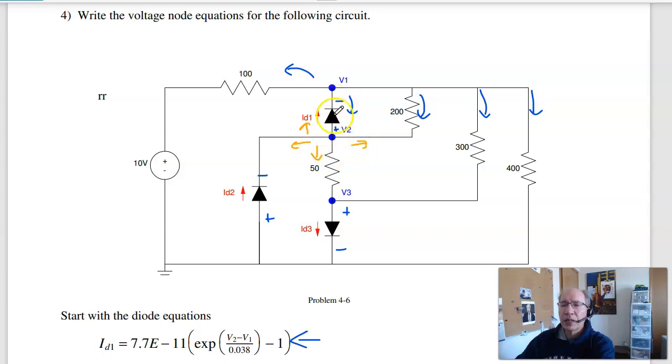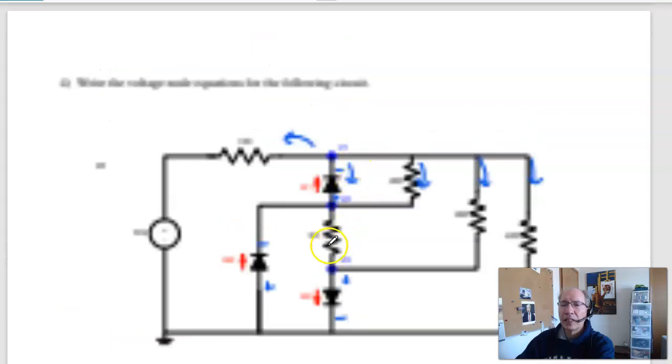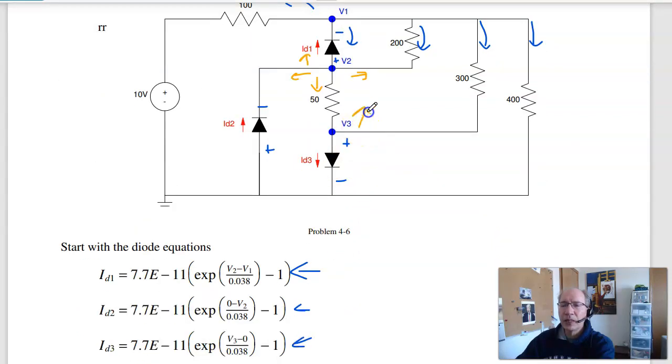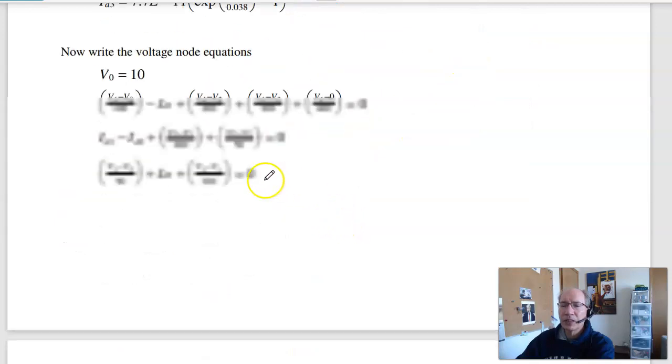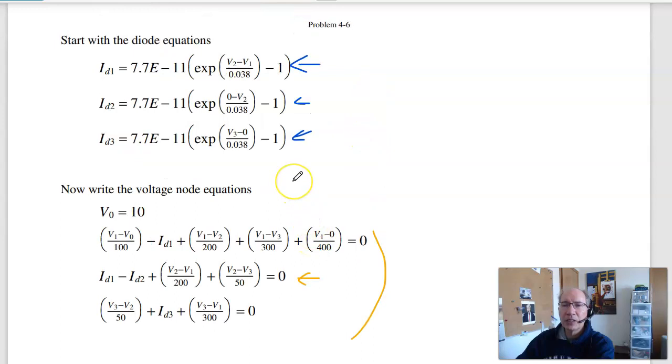The current up is plus ID1 minus ID2 plus V2 minus V3 over 50 plus V2 minus V1 over 200 equals 0. And the third equation is at node 3, current up, V3 minus V2 over 50 plus ID3 plus V3 minus V1 over 300 equals 0. So that gives me 6 equations for 6 unknowns.